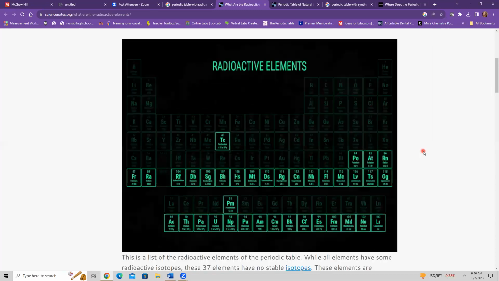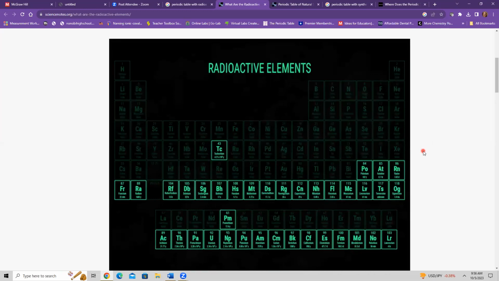And if you notice, all of the man-made elements are radioactive, but there's others that are naturally radioactive. So that's one of the reasons why we're doing this, so that you know which ones are radioactive.